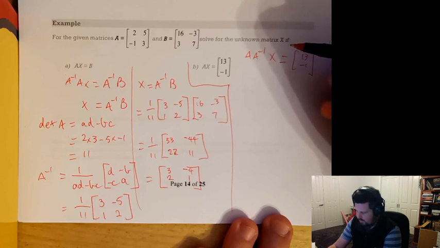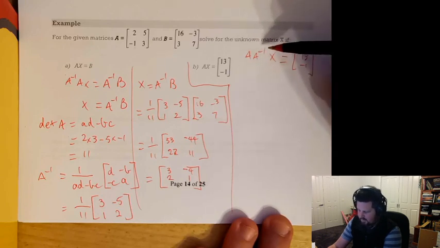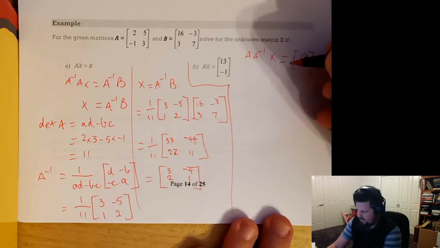Now, because we have pre-multiplied this side by the inverse of A, you're going to have to pre-multiply this side by the inverse of A.